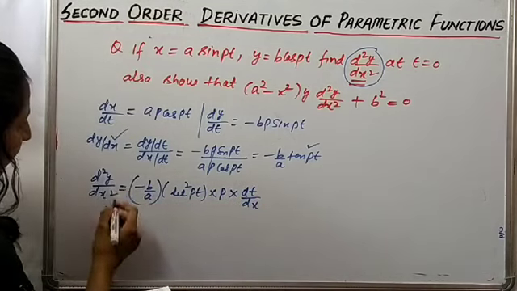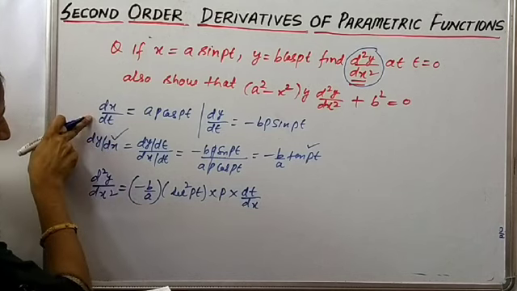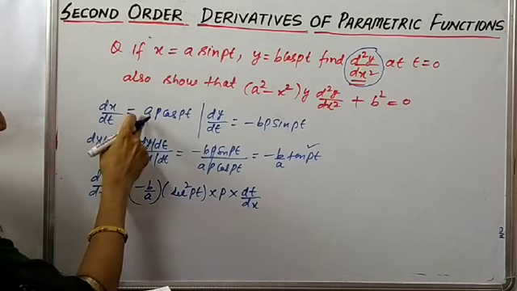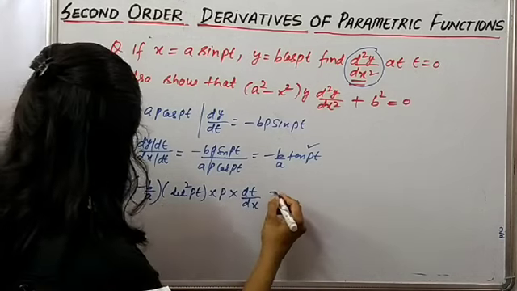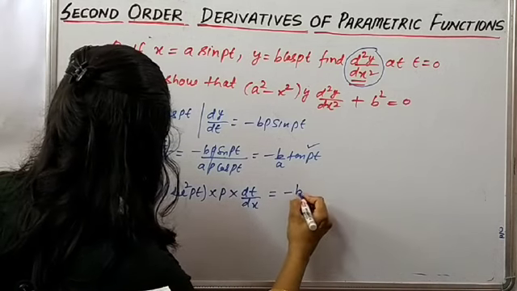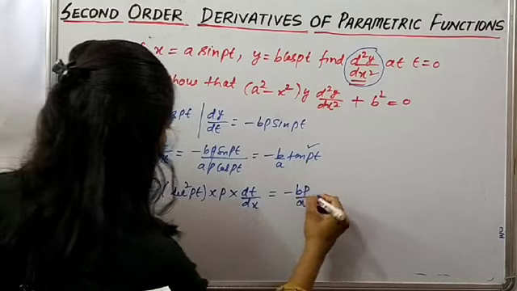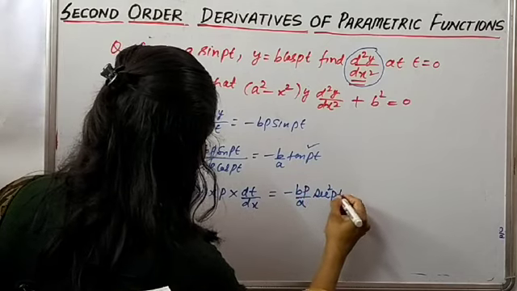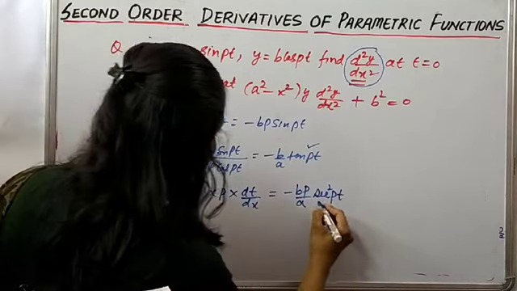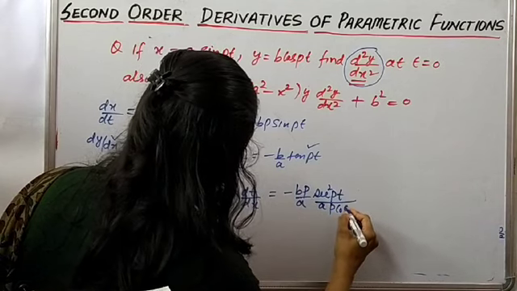So we will put the value of dt by dx from here, just its reciprocal. So it will be minus bp upon a into secant square pt, yes, its reciprocal will be 1 by ap into cos pt.